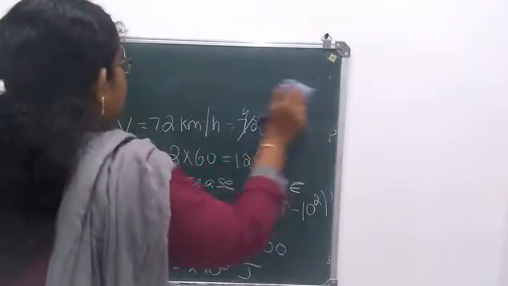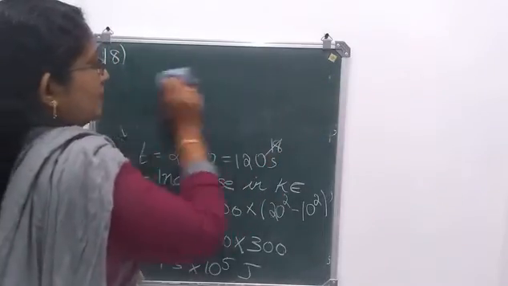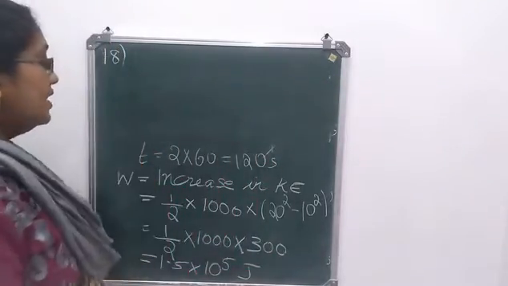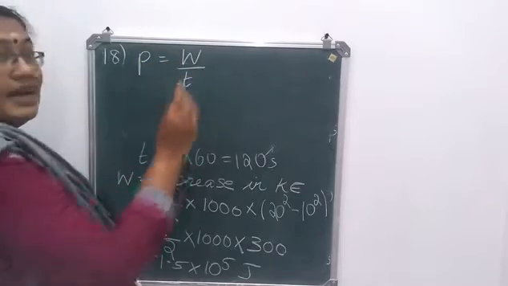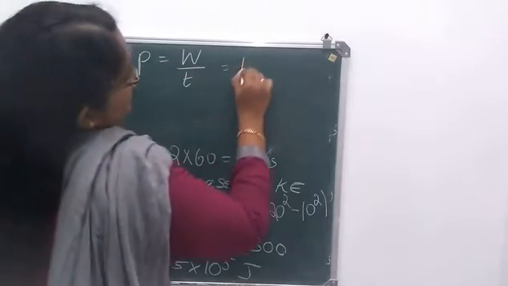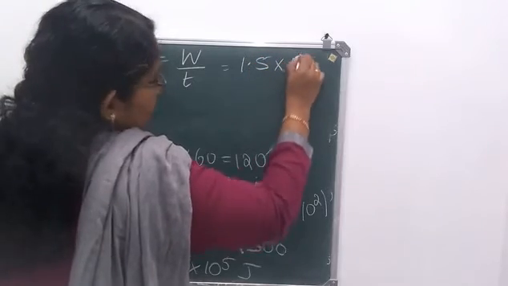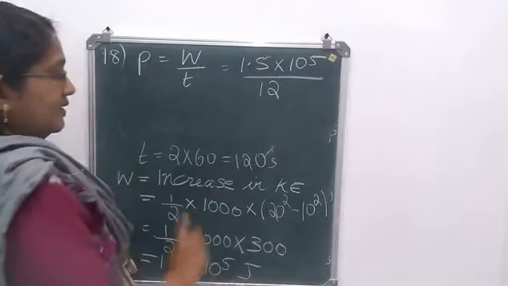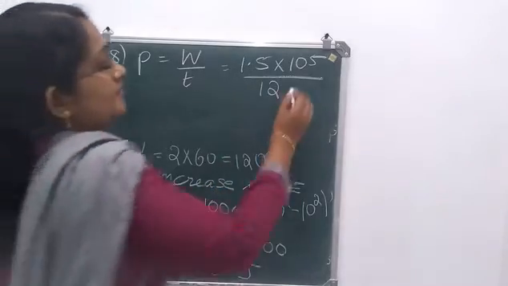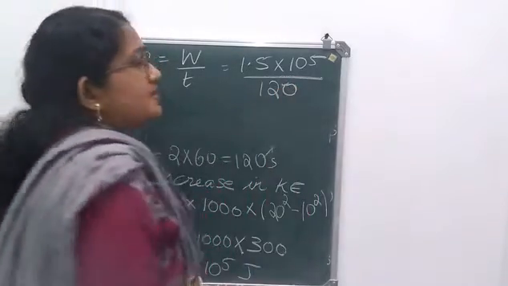One more question is there, that is, we are asked to calculate the power. What is the equation for power? Power is equal to work by time. So work is 1.5 into 10 raised to 5, and time, we have calculated as 2 into 60, which is equal to 120.